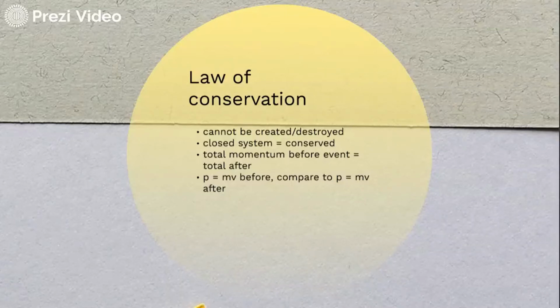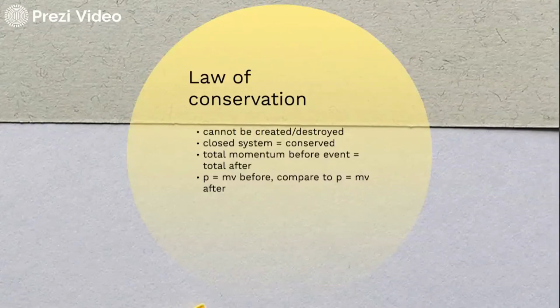However, for the purpose of the calculations that we're going to be doing, we're going to assume that the system is closed. This means that the energy and the momentum has nowhere to go, and therefore it will be conserved. So the total momentum before an event will be equal to the total momentum after the event.